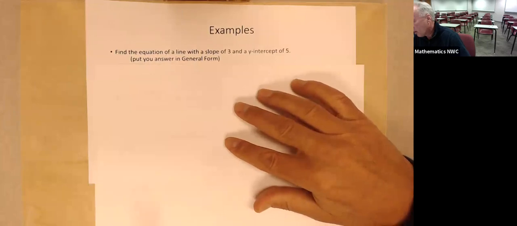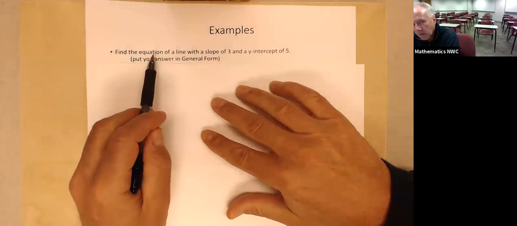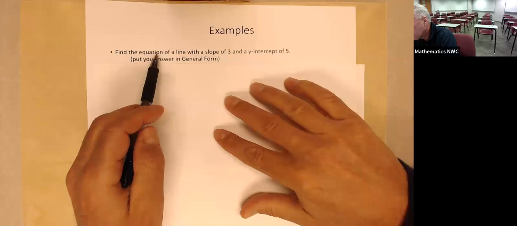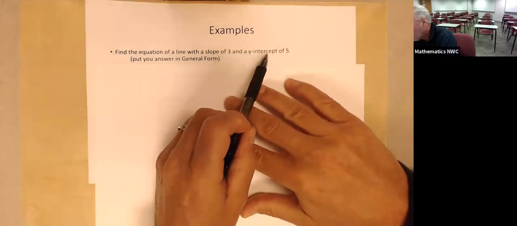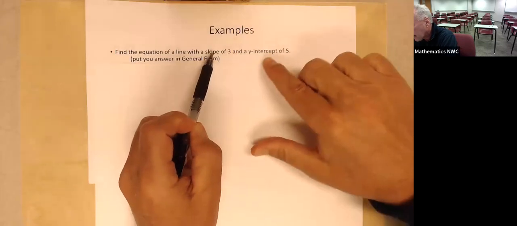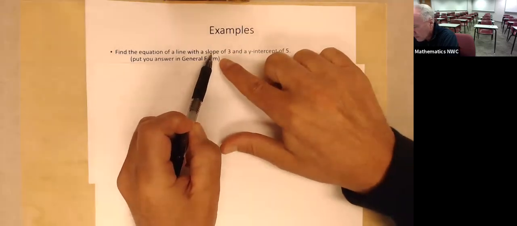Find an equation of a line with slope 3, y-intercept 5, and then put our answer in general form. Well, this one is typically considered one of the easier ones because we gave you the y-intercept and the slope. Because I have y-intercept and slope, it is screaming at me, use the slope-intercept form.